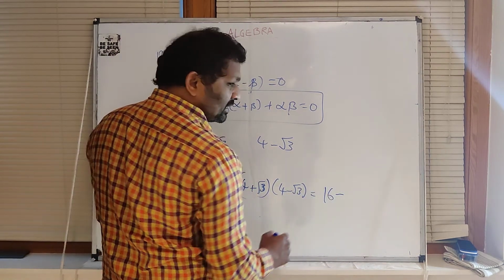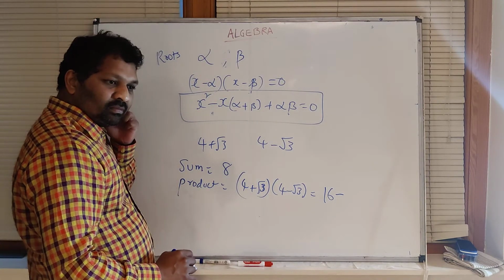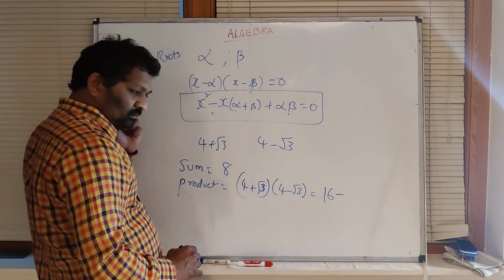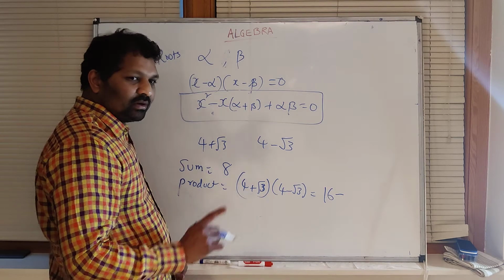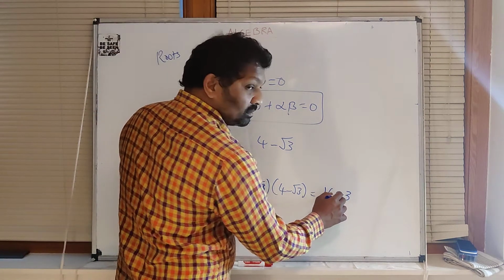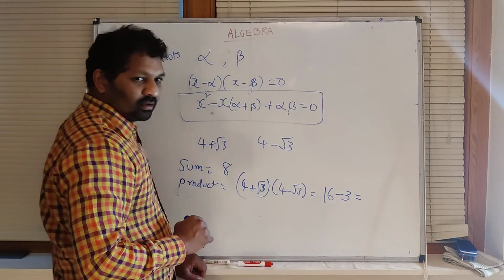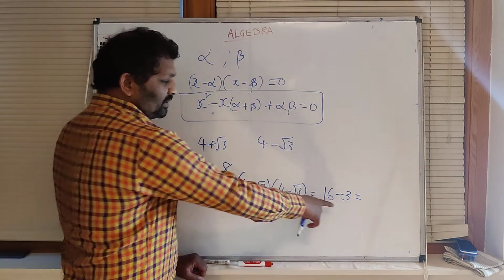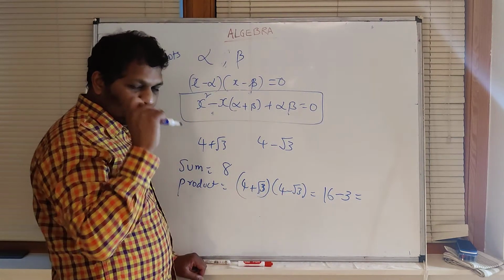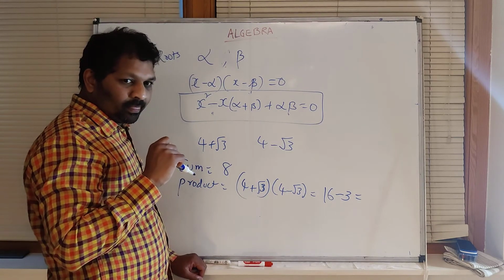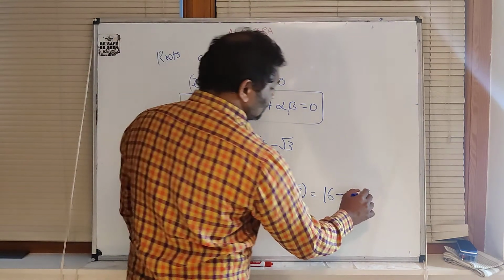Minus b square. What is b square? Root 3 into root 3 is 3 only. Exactly.